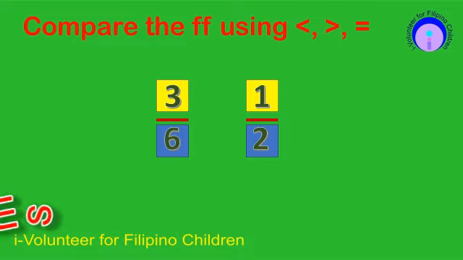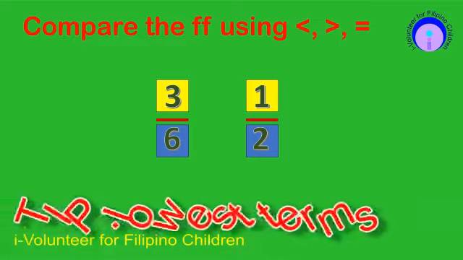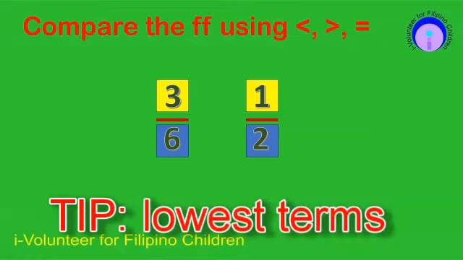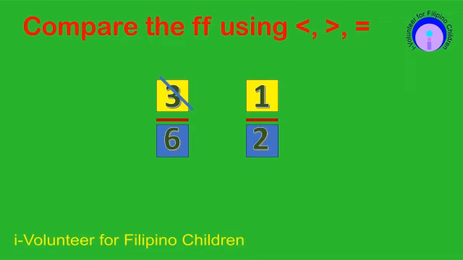Before doing mathematical operations with fractions, you may convert these fractions into their lowest terms. 3 divided by 3 is 1. 6 divided by 3 is 2. Therefore, 3/6 is equal to 1/2.